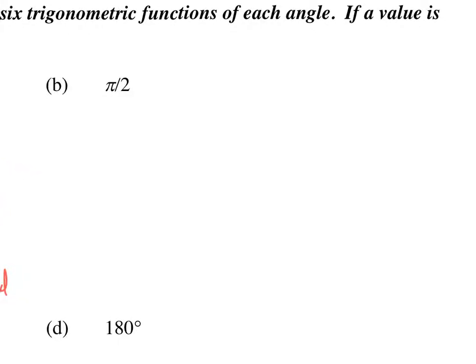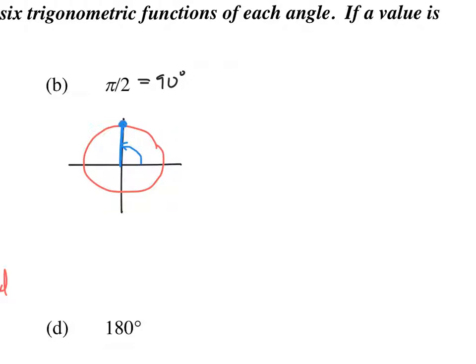All right, part B. First thing that we're going to do is draw our little picture. Pi over 2 is the same thing as what angle, if we need it in terms of degrees? 90 degrees. If you need to, do your 180 over pi in order to convert. So we've got our circle, and pi over 2 is going to end right there on the y-axis.